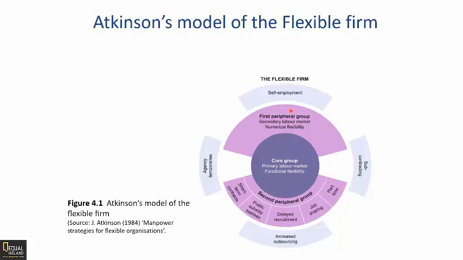But the idea of the model is that we can expand and contract pretty quickly and have an agile type organisation based on this focus of flexibility. With functional flexibility, we have a core group, which is our primary labour market, and from a functional perspective, we have a number of employees that are highly skilled, highly trained, multi-skilled.